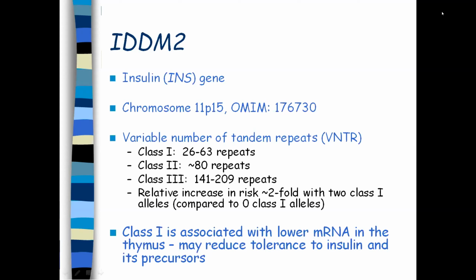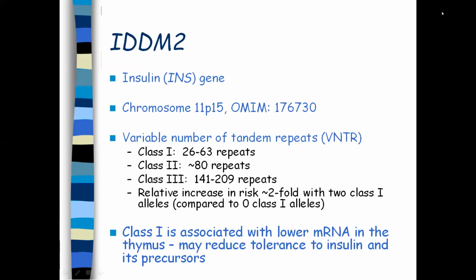In class 3, 141 to 209 repeats, and the relative increase in risk is 2 times greater as compared to class 1 allele. So when we have class 2 and class 3, the repetitions are more, so the relative risk will be more.